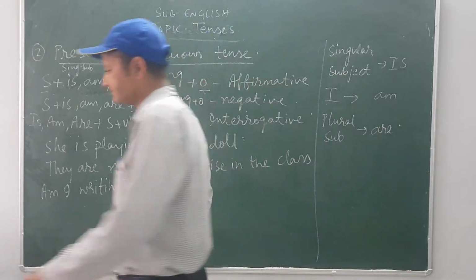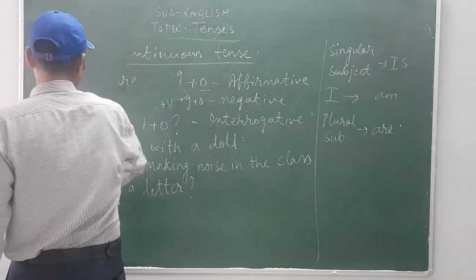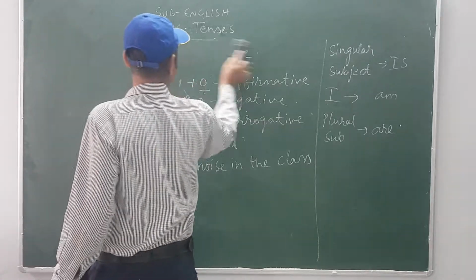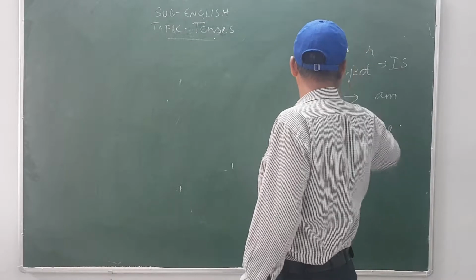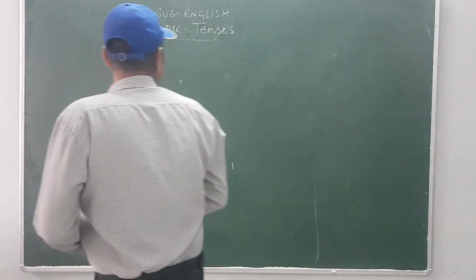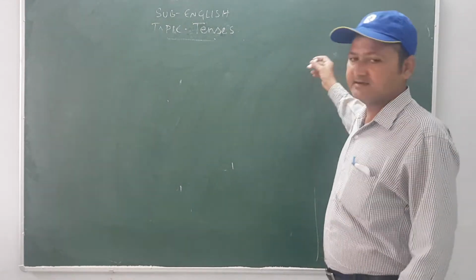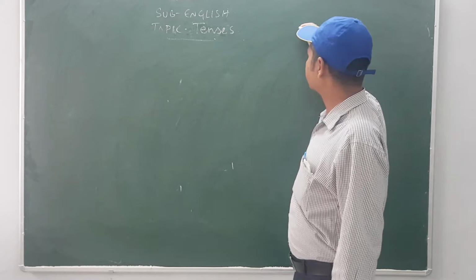Now the third part of the present tense is your present perfect tense. Students, in all the tenses you will have to confirm each and every form of the verb.